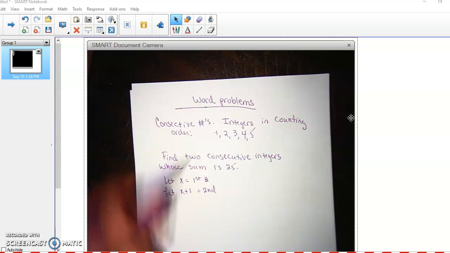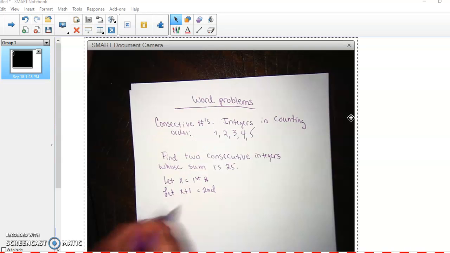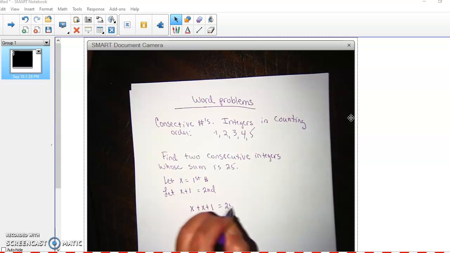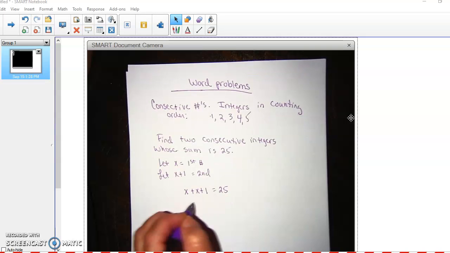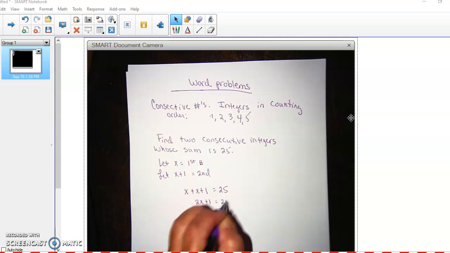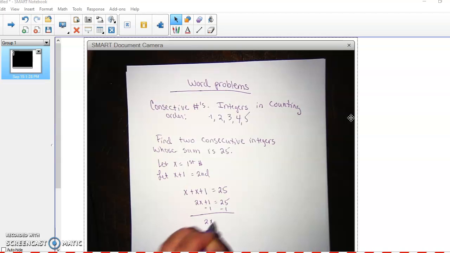Okay? So now I'm going to take this let statement, x is my first number, plus my second number is going to equal 25. Combining like terms, that would be 2x plus 1 equals 25. I'm going to solve, divide by 2, and x equals 12.